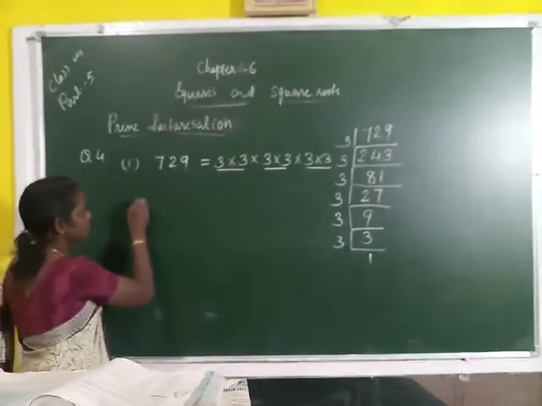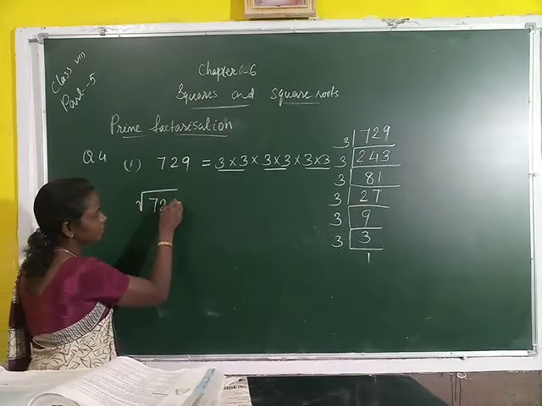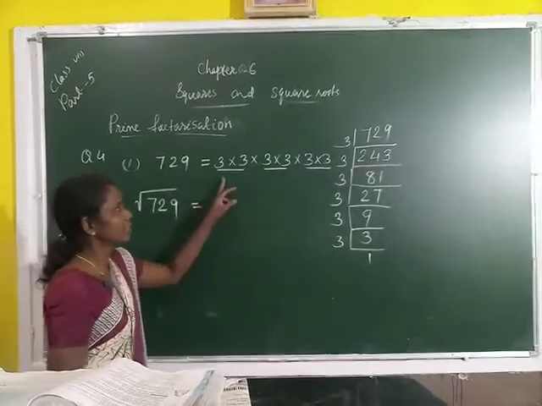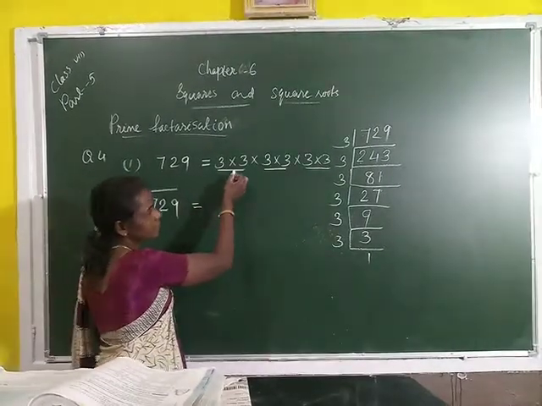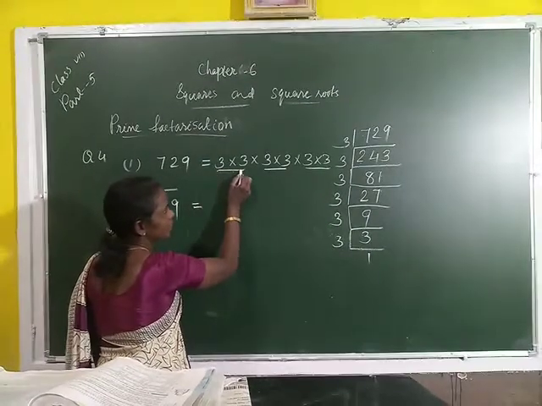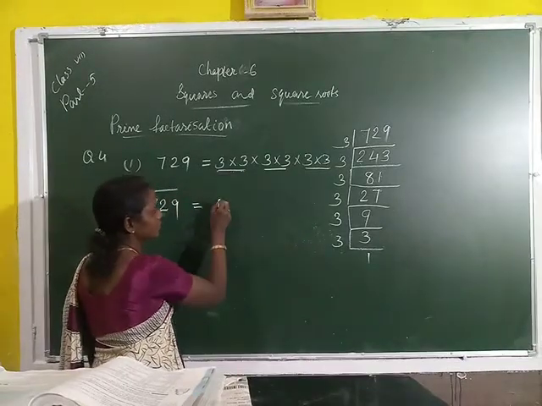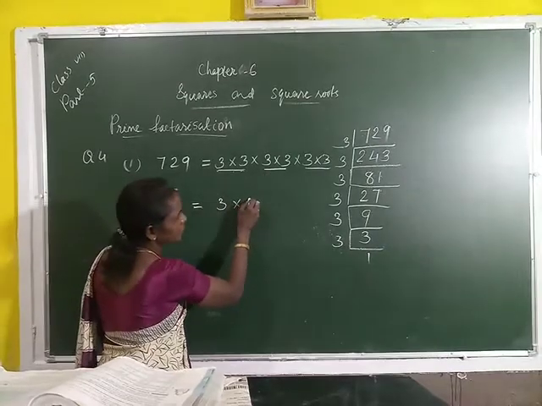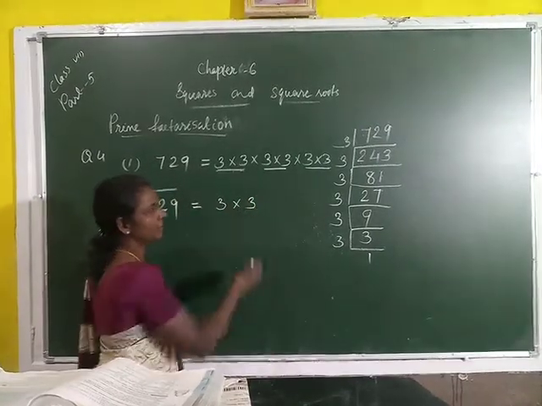Then next, the root of 729 is equal to, here we get 3 pairs. Then from each pair we take 1 factor. This is 1 pair, and from this pair we take 1 factor, 3. Then next, the second pair, here also we take 1 factor.